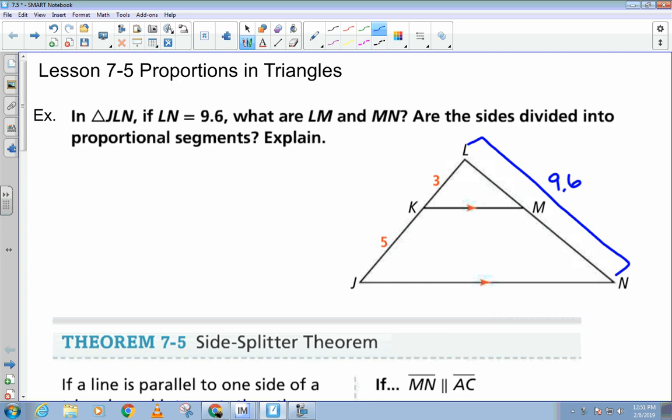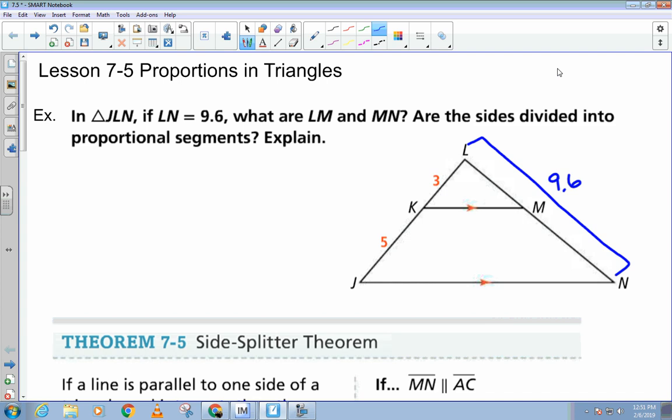We talked yesterday, or one day this week, about how if KN is parallel to JN, we end up with two similar triangles, by angle A. So we can compare little triangle to big triangle, little triangle to big triangle. Don't forget about that, because I'm going to show you something else today, but that still applies.